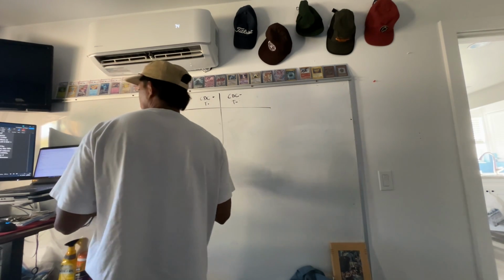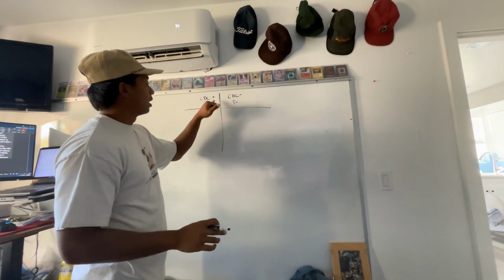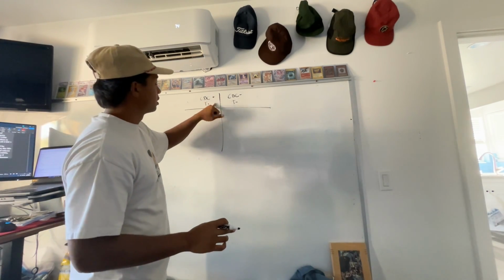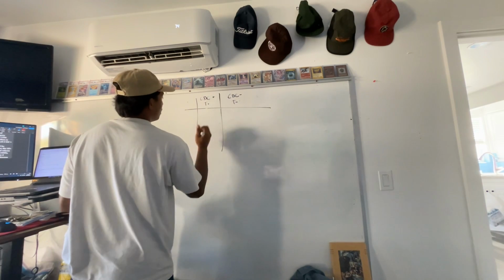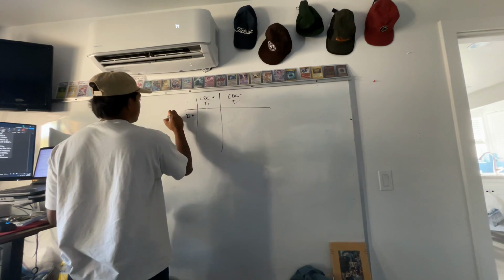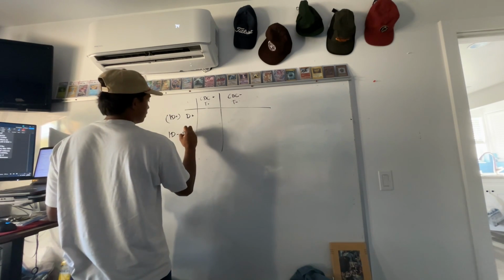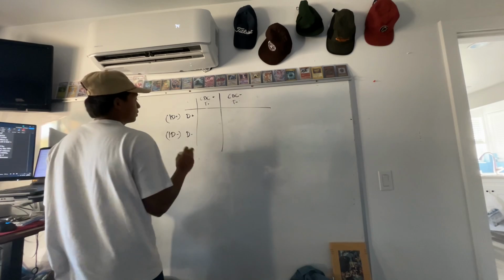Then we have our ID fellow confirming these tests. So we have our ID fellow positive, which we can call D positive, disease positive, and ID fellow negative, D negative.